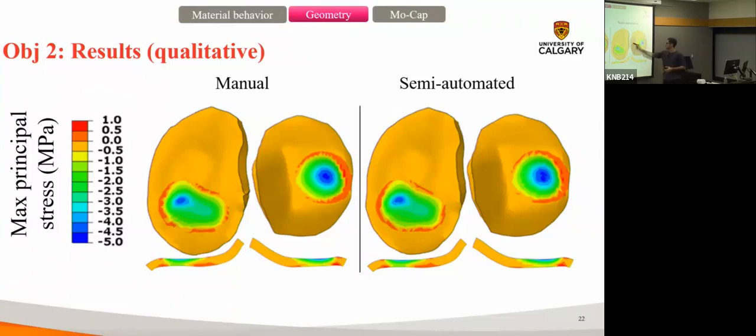So for example, here and here are these cross sections. We did the same for most common mechanical parameters like maximum principal strain, fiber strain, contact area, and fluid pressure.